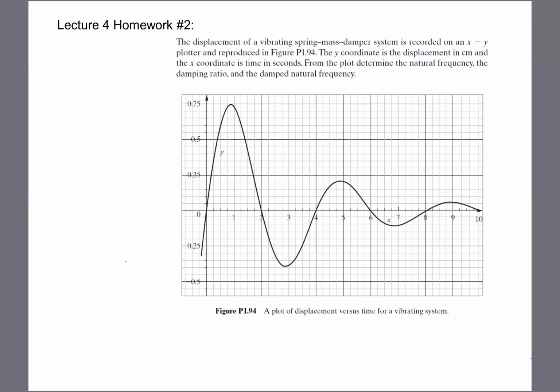So what we do is, when you see a plot like this, the first thing you need to do is recall the time-dependent solution: sine omega d t plus phi.